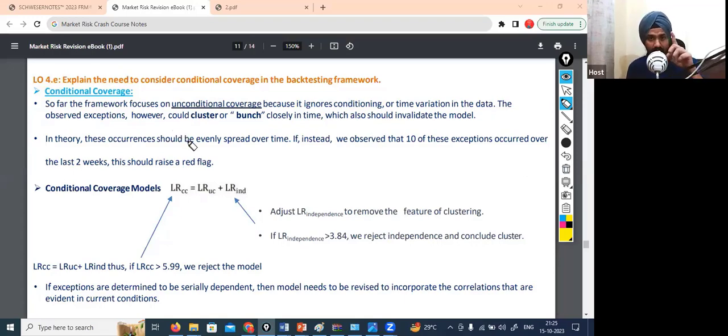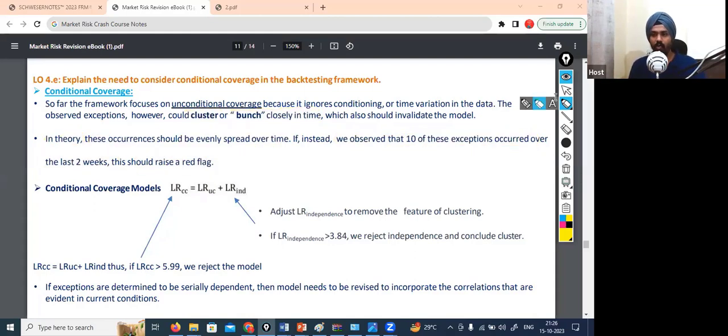However, remember, in reality the exceptions can cluster, or form a bunch closely in time. That can be problematic. In theory, these occurrences should be evenly spread, like monthly, and that's okay. But if instead we observe 10 exceptions in just the last 2 weeks, that's a red flag. It should raise a red flag that there's something problematic.